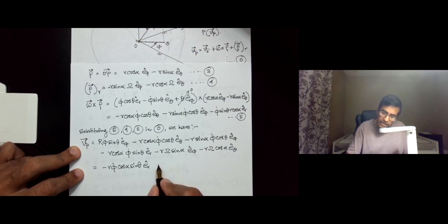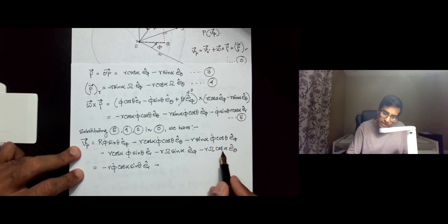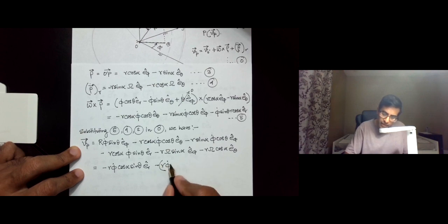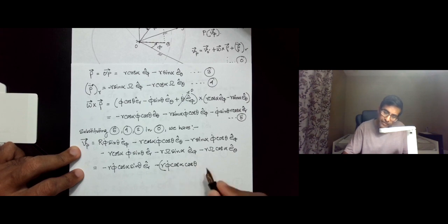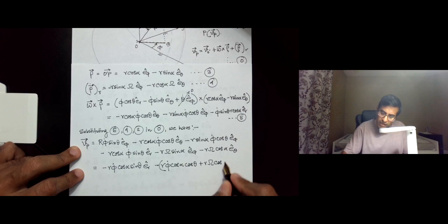In the e theta direction you have this term and that term: minus small r phi dot cosine alpha cosine theta plus small r capital omega cosine alpha e theta.